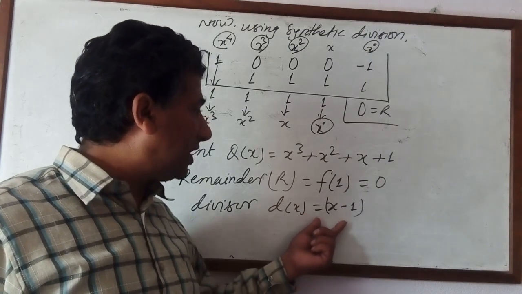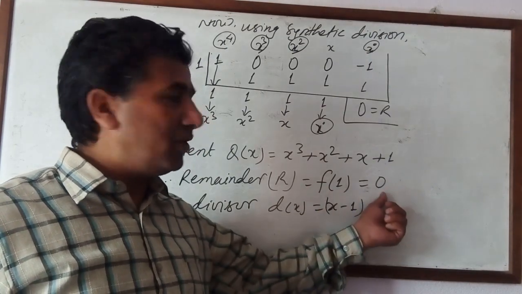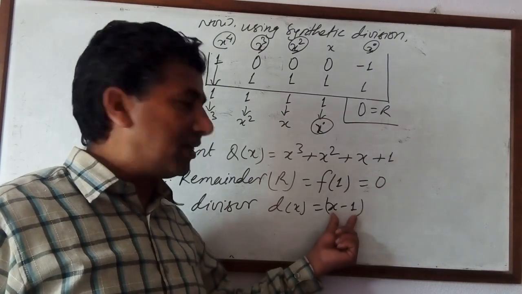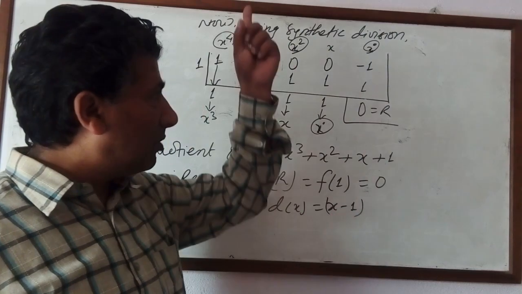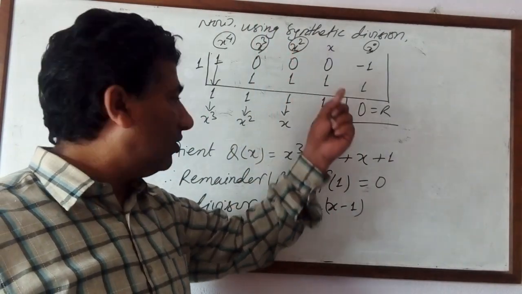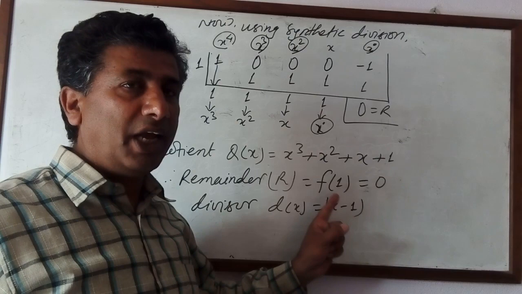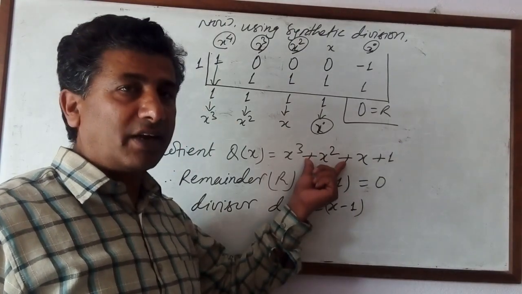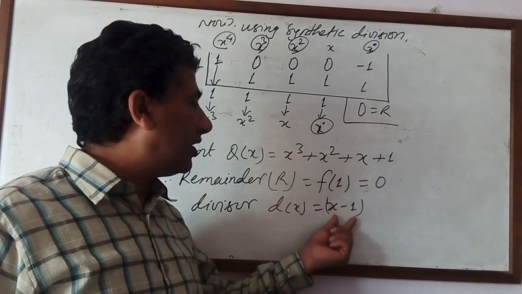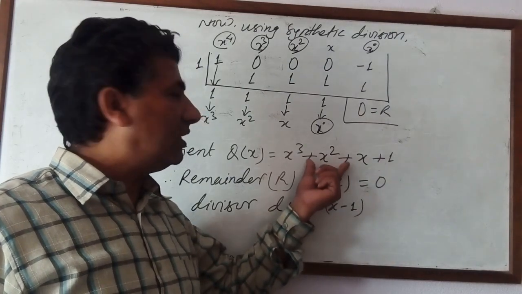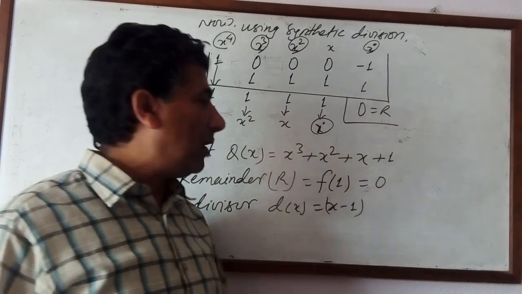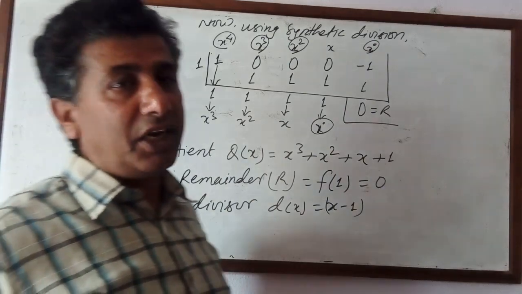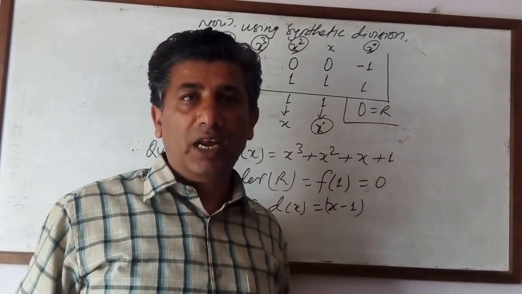The factor theorem states that when the remainder is 0, right now this is 0, the remainder is 0, that's why this divisor is a factor of the given polynomial x power 4 minus 1. Remember that this quotient is also a factor. One factor is x minus 1, another factor is this. Okay, this is the synthetic division. With the help of synthetic division we can find the quotient and remainder.